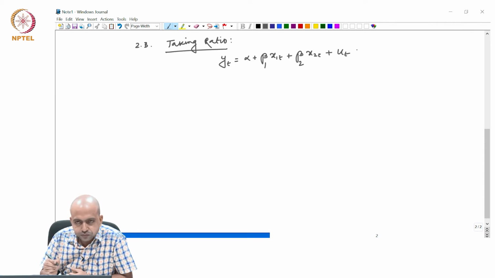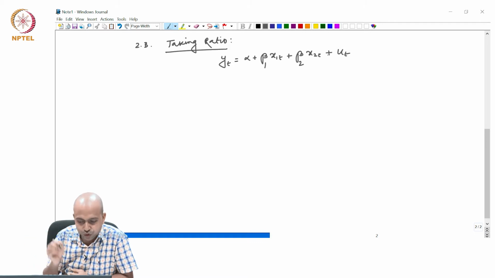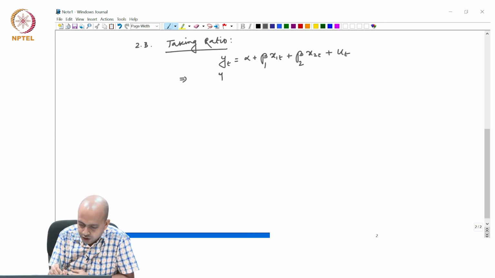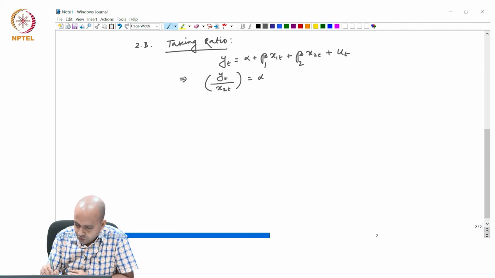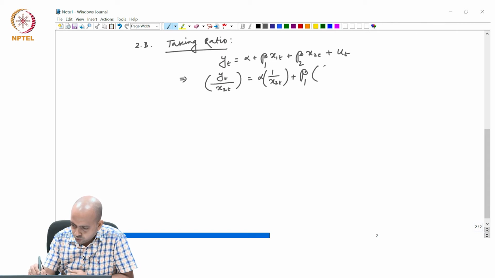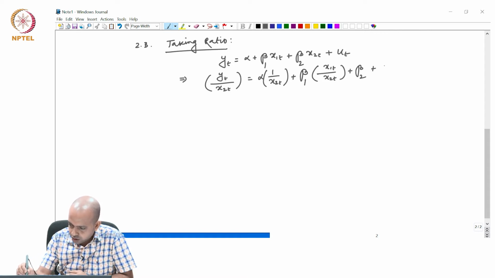So, what you do to overcome that, you divide both sides of the equation by x 2 t. So, what will you get? You will get y t by x 2 t equals alpha into 1 by x 2 t plus beta 1 x 1 t by x 2 t plus beta 2 plus u t divided by x 2 t.